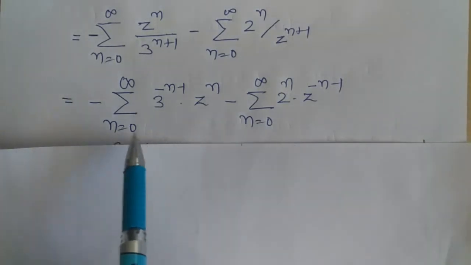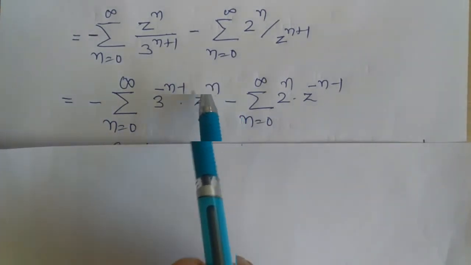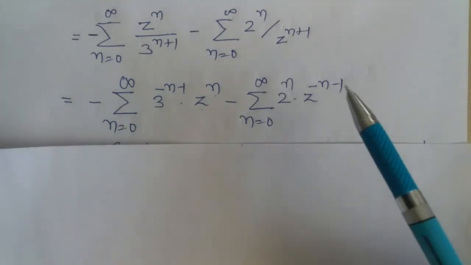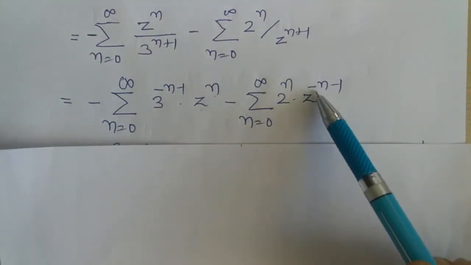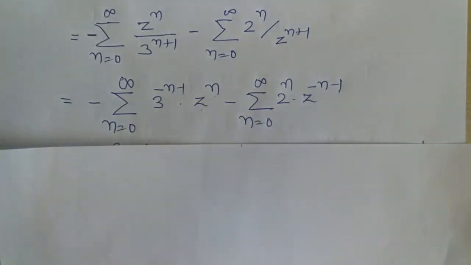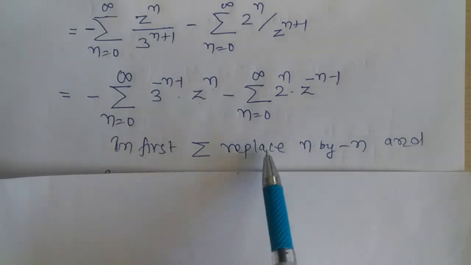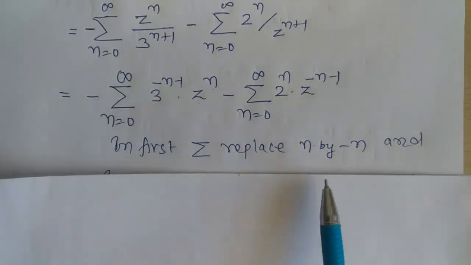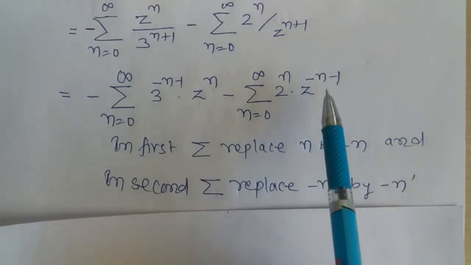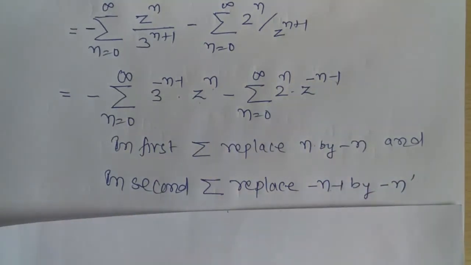So in first summation, here we have z power n, so we replace n by minus n. And here we have z power minus n minus 1. So minus n minus 1 we replace by minus n. Then in first summation, replace n by minus n. And in second summation, we replace minus n minus 1 by minus n dash, say.